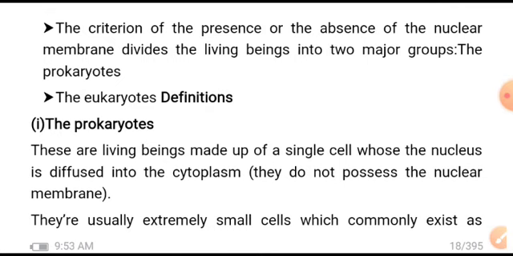Let us see the different definitions of prokaryote and eukaryote. The prokaryotes are living beings made up of a single cell, whose nucleus is fused into the cytoplasm. They do not possess a nuclear membrane. So the prokaryotes are living beings that have only one cell, and their nucleus is not clearly visible.